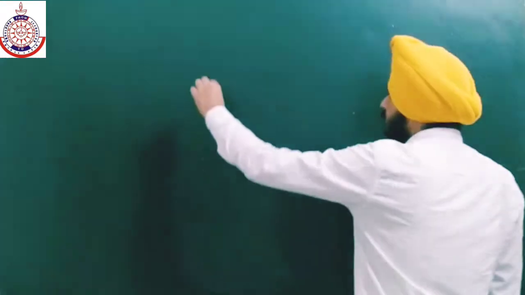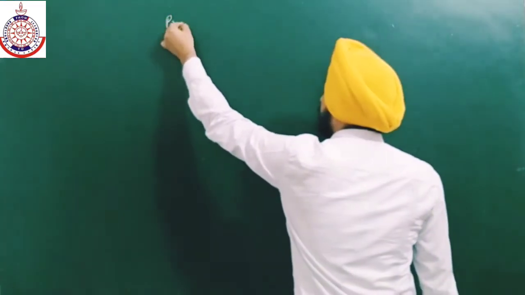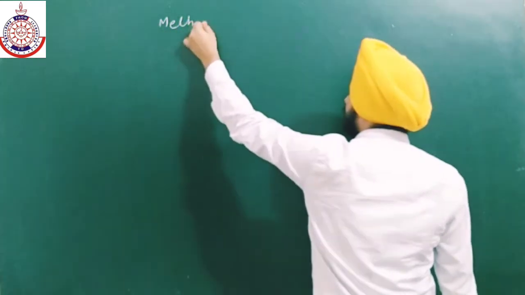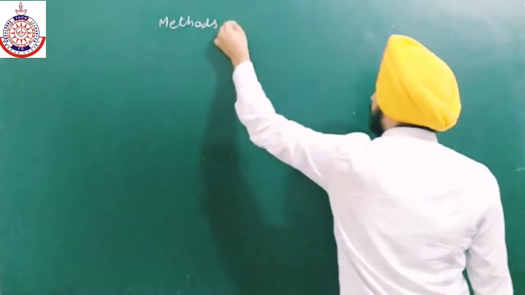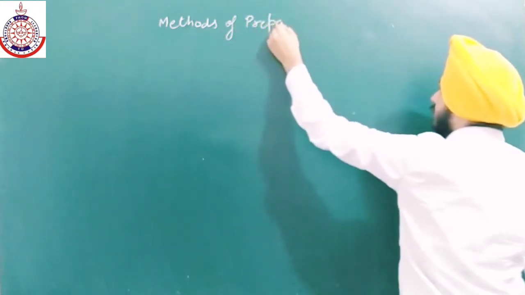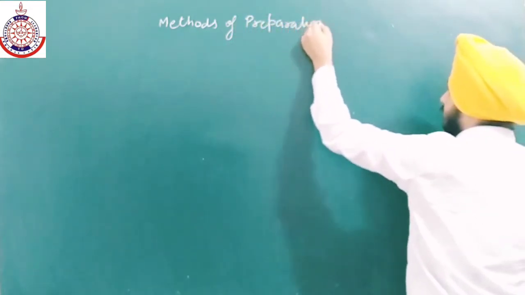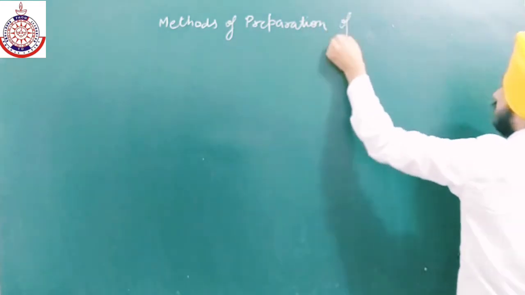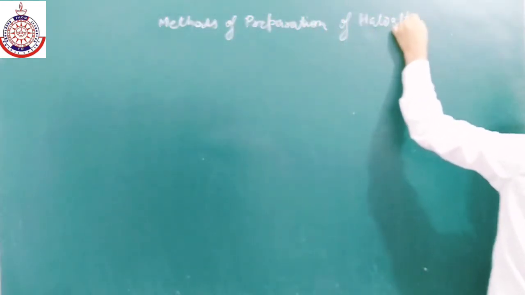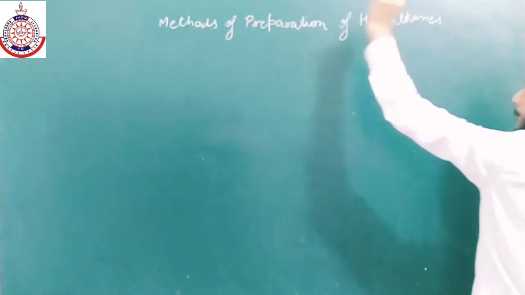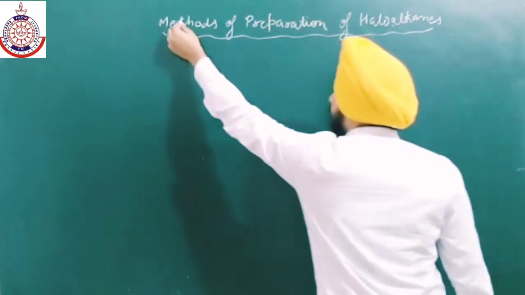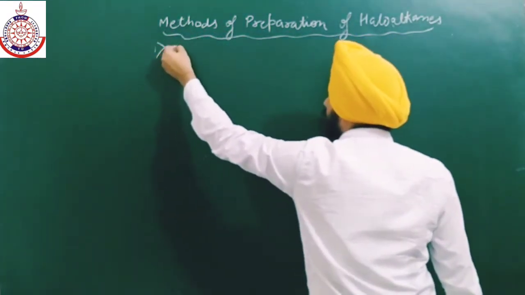So, the methods of preparation of haloalkanes. The first method is from alcohol.